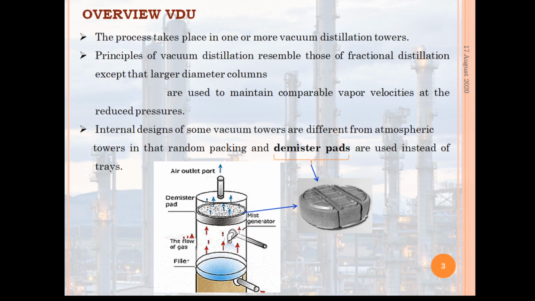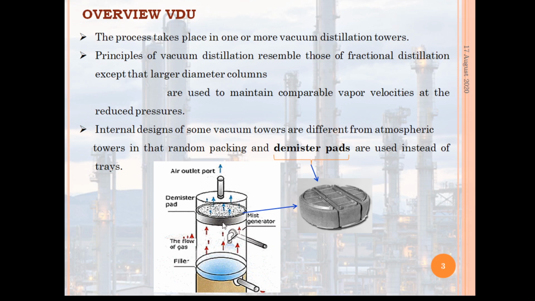The first one is random packing and the other is the demister pads, which look like this.